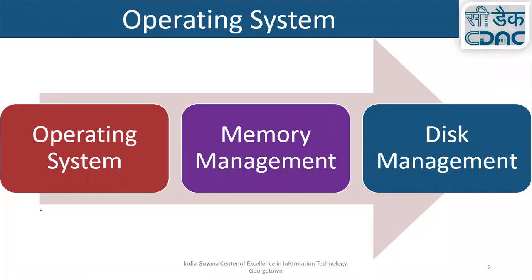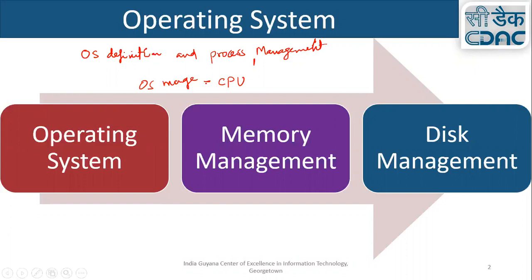So in the previous class, we defined the operating system definition and process management. In the process management, we discussed how the OS manages the CPU, and this is the one thing.